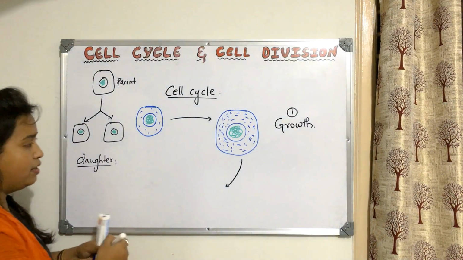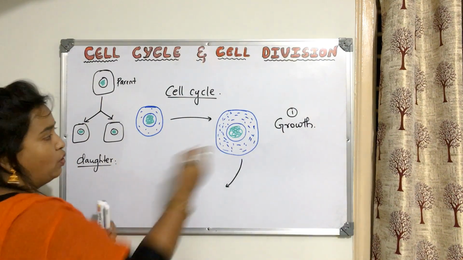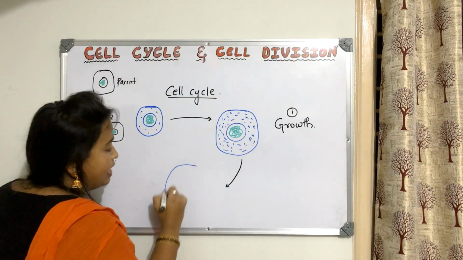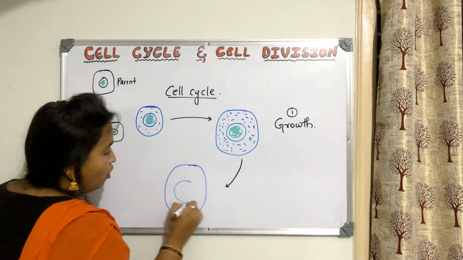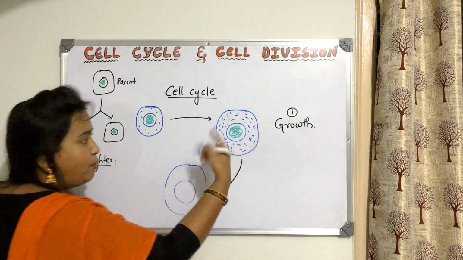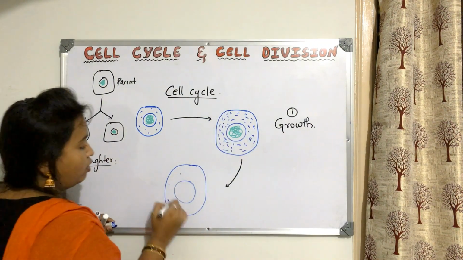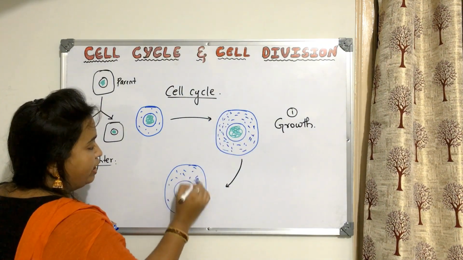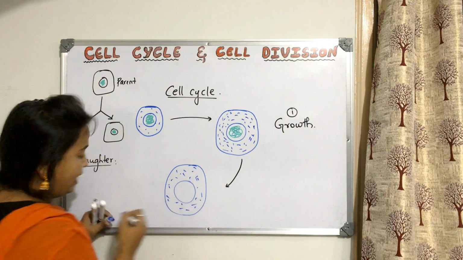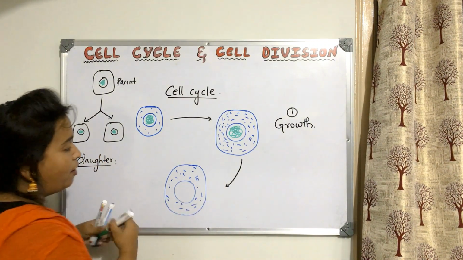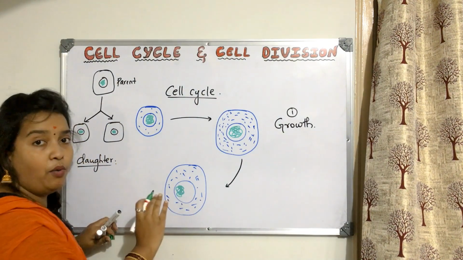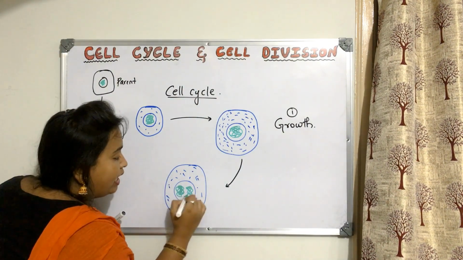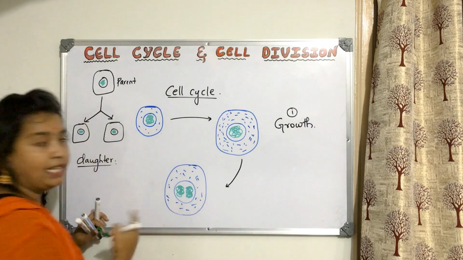So the next step after this growth is that this cell has already increased in its size, and the cytoplasmic growth and all those things have already happened. Now it will double the amount of DNA, like this.